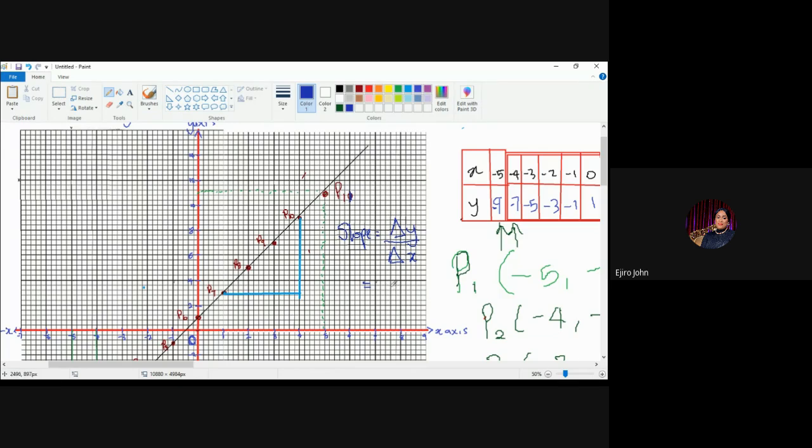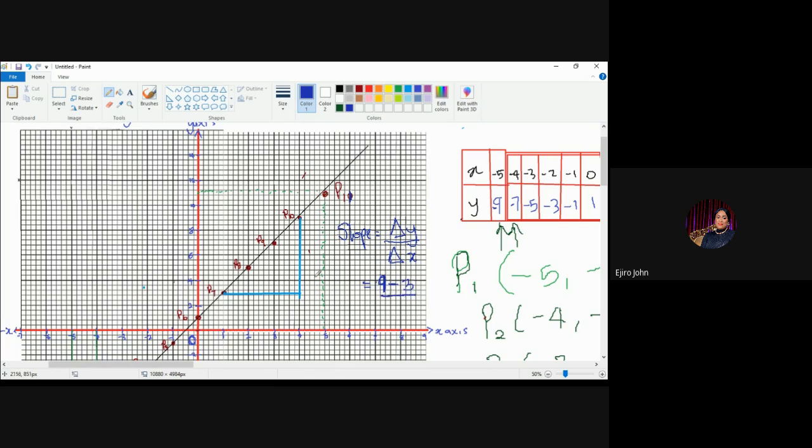What is the value of y on point 10? The value of y on point 10 is 9, minus the value of y on point 7, which is 3. I draw a dividing line.